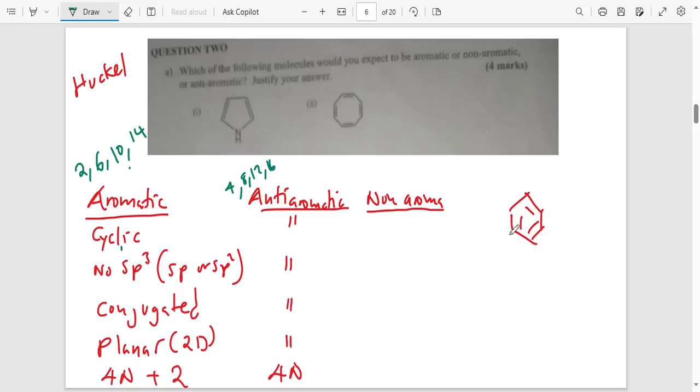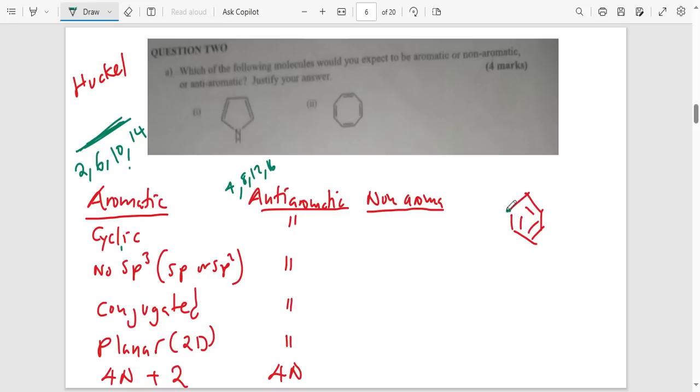So if you look at this ring I've written, which is benzene, it has 3 double bonds, and each double bond has 2 pi electrons, so we have 6 there, and you can see 6 falls on aromatic. So this one is going to be aromatic.